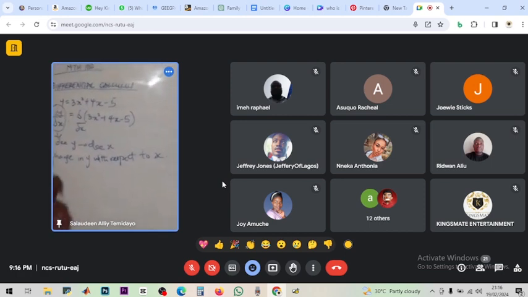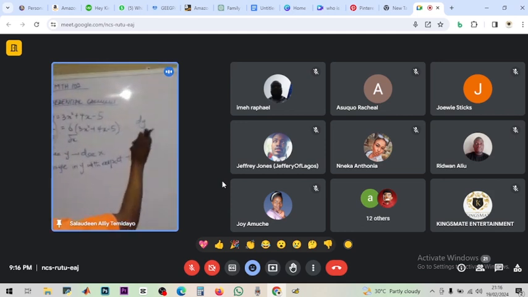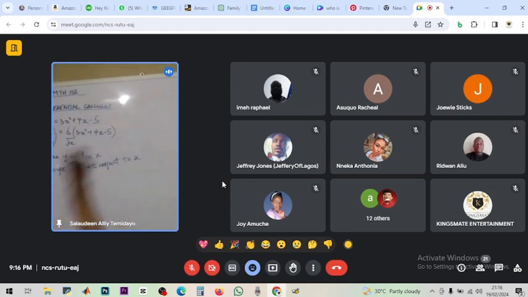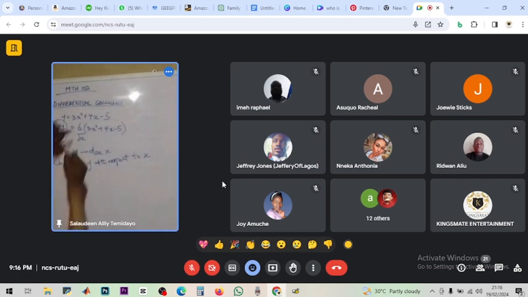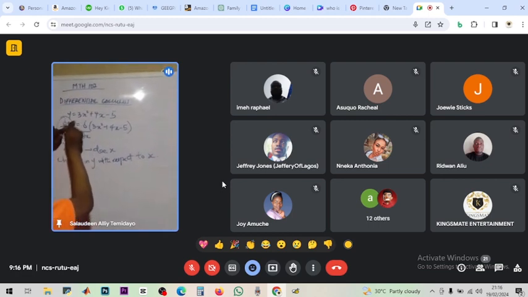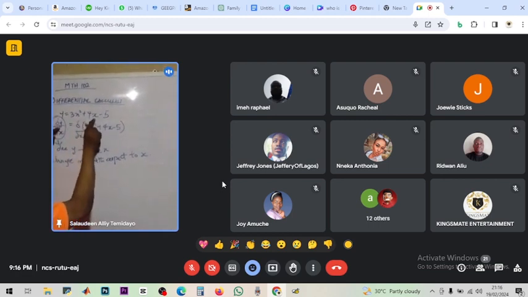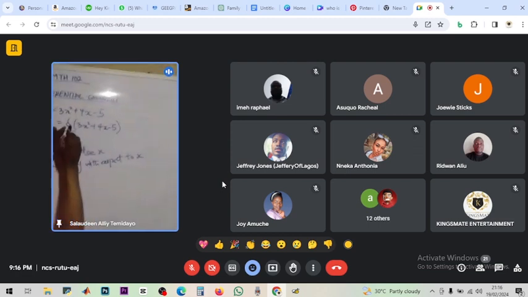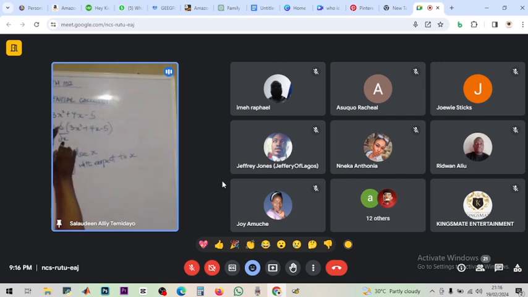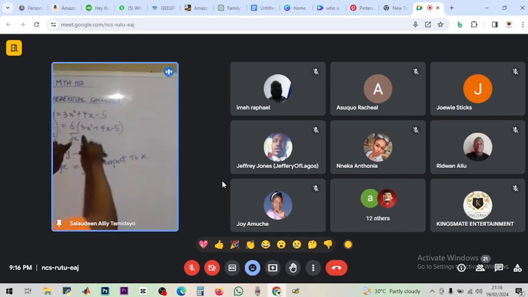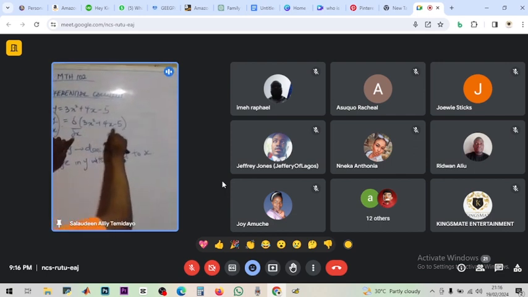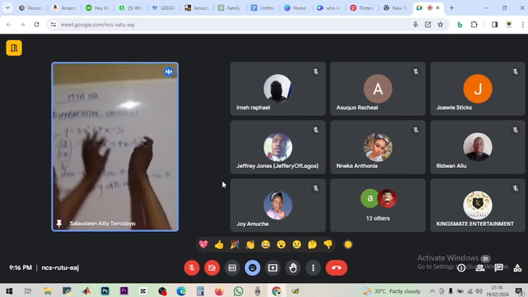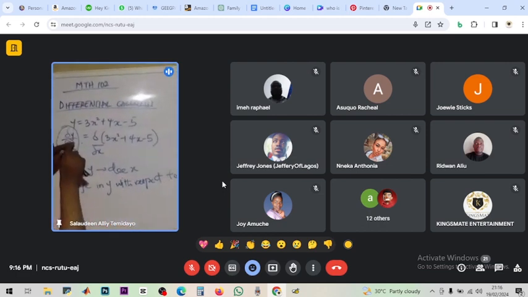So now, this y is 3x squared plus 4x minus 5. The y means this polynomial. So d dx means delta x of 3x squared plus 4x minus 5, just using the whole of this to represent the y.